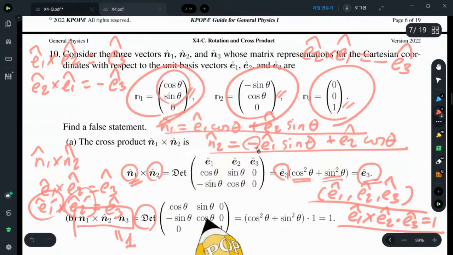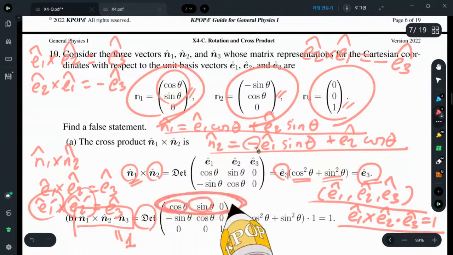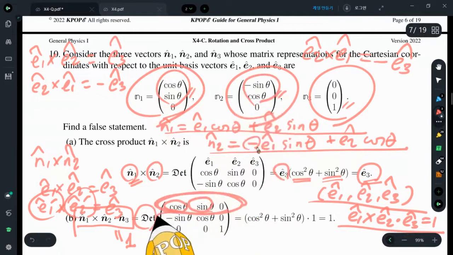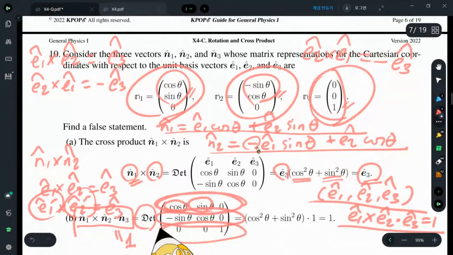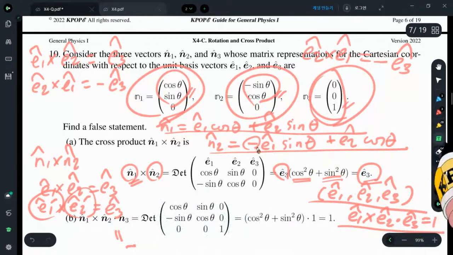n1, these components we have written as a row, and this one as a row, and this is a row. And the determinant of this 3 by 3 matrix is trivial because this one is 1 and all of these components are vanishing.